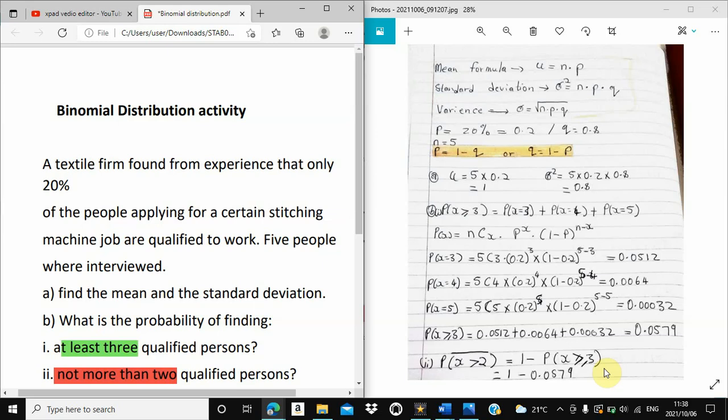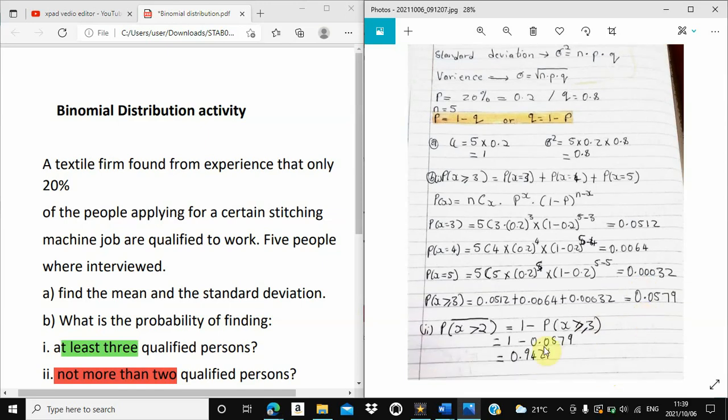Our final answer was 0.9421. This is our final answer. When we say the probability of not more than 2 that are qualified, then our final answer we expect is 0.9421. So guys, that was it.